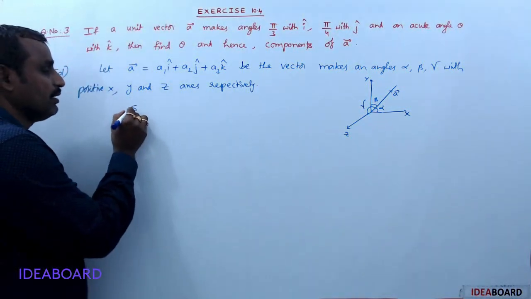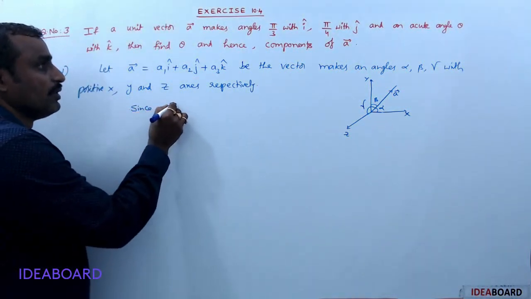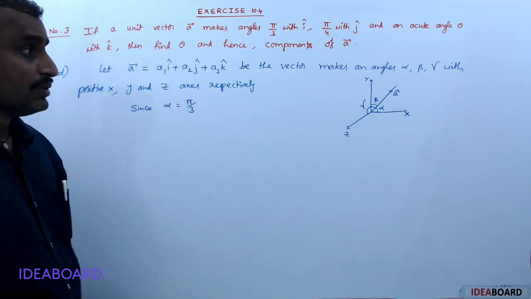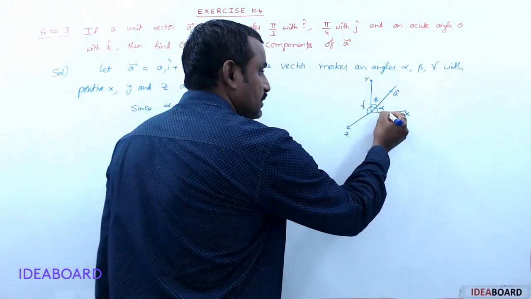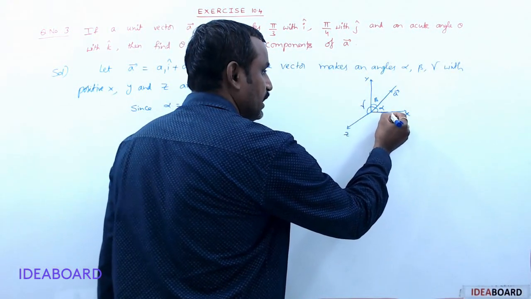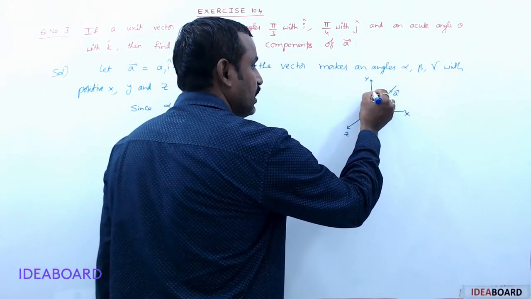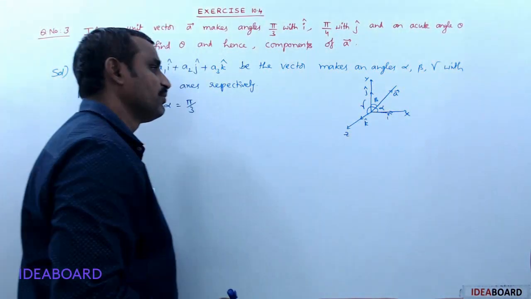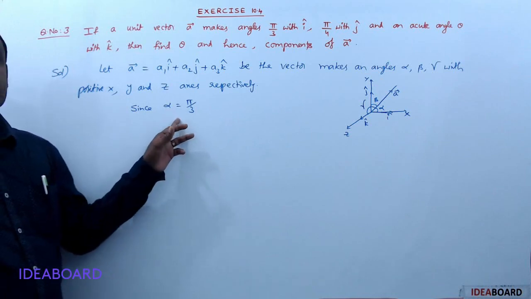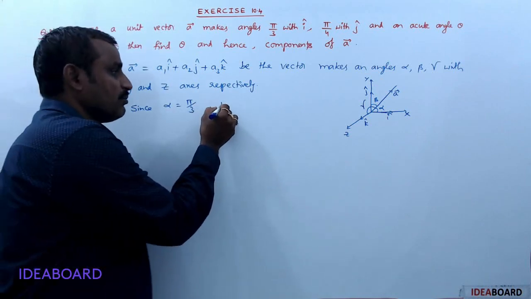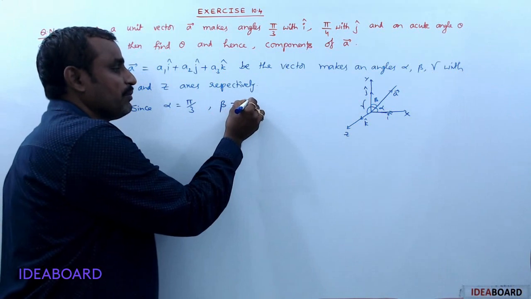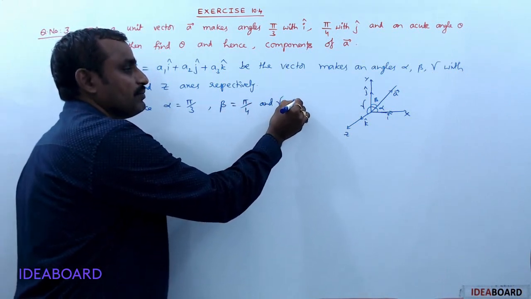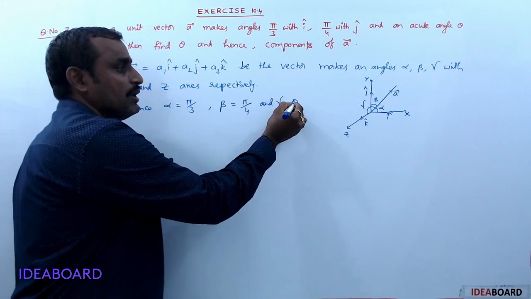What are they given? Alpha is equal to pi by 3 with the x axis, because on the x axis the unit vector is i cap, then j cap, k cap. So alpha is equal to pi by 3, beta is equal to pi by 4 and gamma is equal to theta.